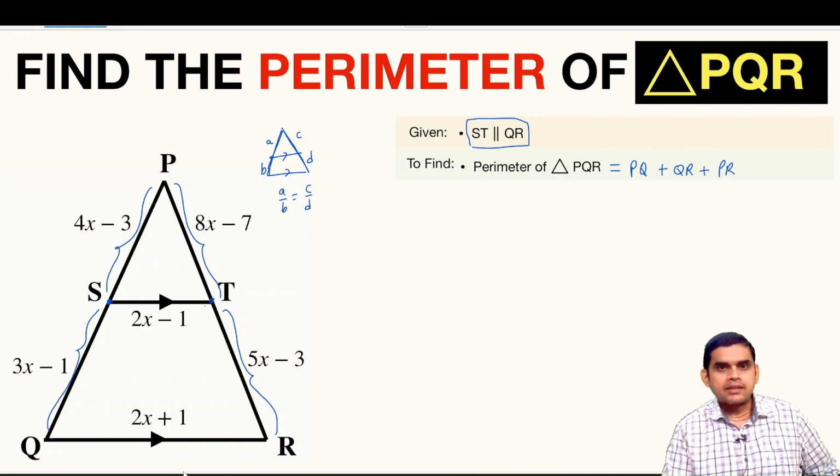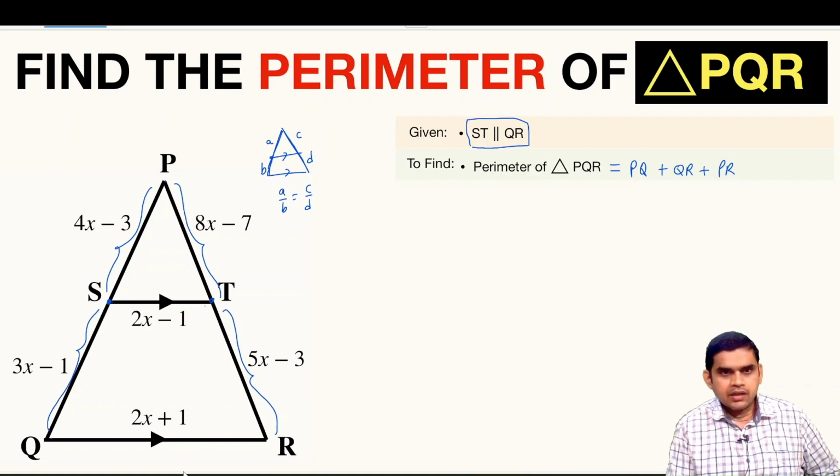So we will apply this theorem in order to find the value of x. In this triangle PQR, ST is parallel to QR, so using the triangle proportionality theorem, we can write PS over SQ is equal to PT over TR.